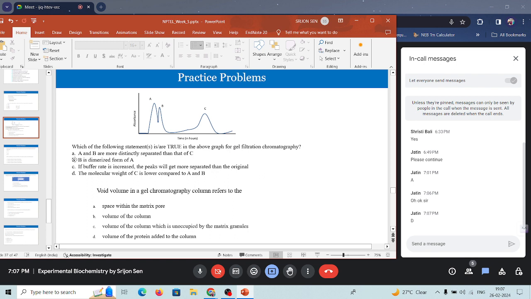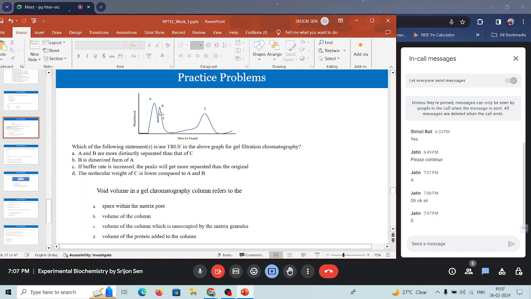Okay, so let us go one by one. A and B are more distinctly separated than that of C. No, first of all, A and B are not separated at all. Now, B is the dimerized form of A. If it would have been dimerized, it would have been on the higher molecular side, but it is on the lower molecular side.